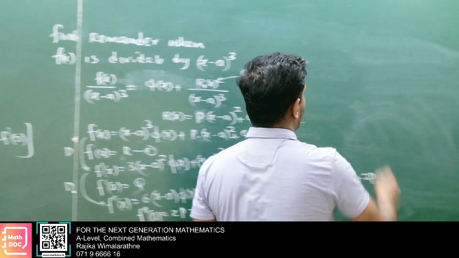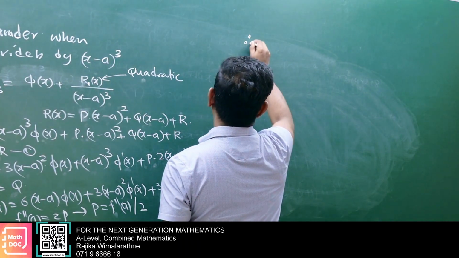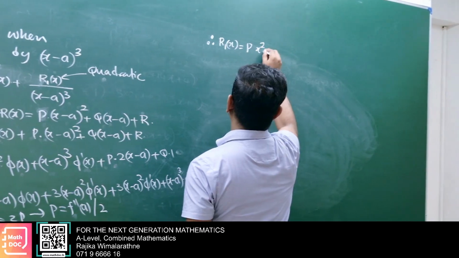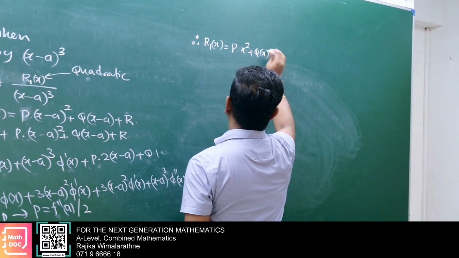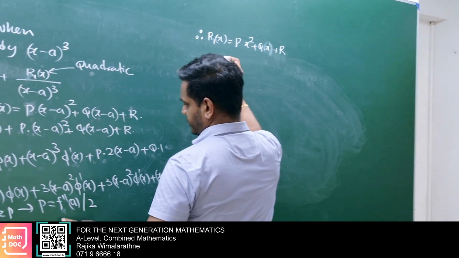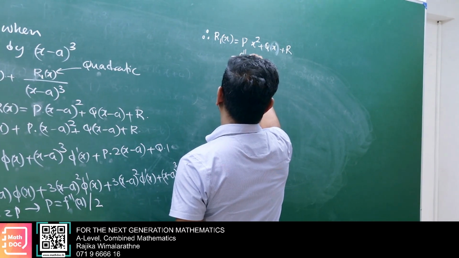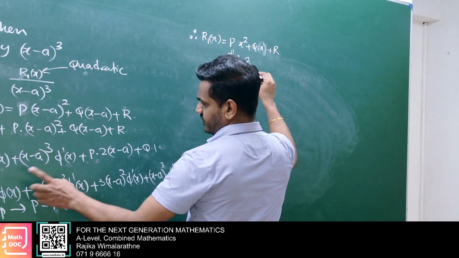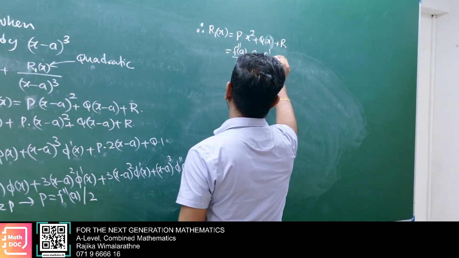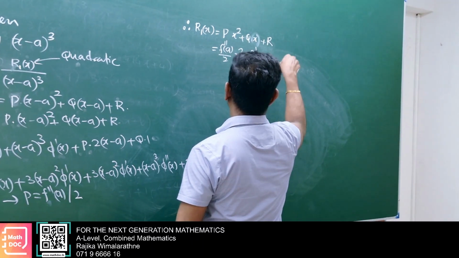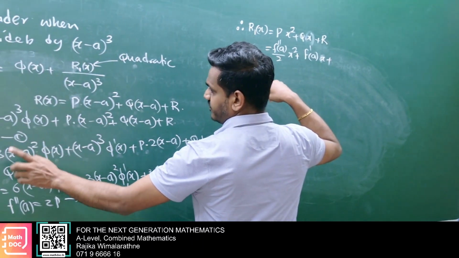Then here is the p value, here the q value, here the r value. Then the remainder r1(x) equals p x squared plus q x plus r, where p is f double dash a over 2, q is f dash a, and r is f(a).